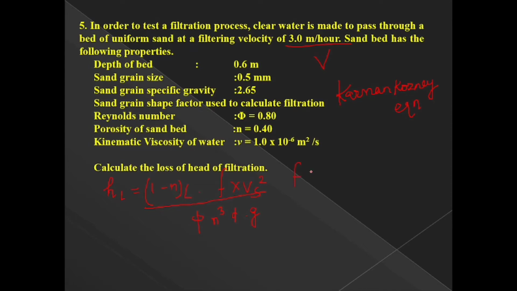That is an important fundamental. f is given by 150 (1 minus n) divided by Ng plus 1.5.